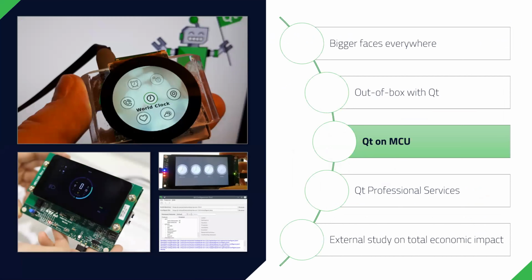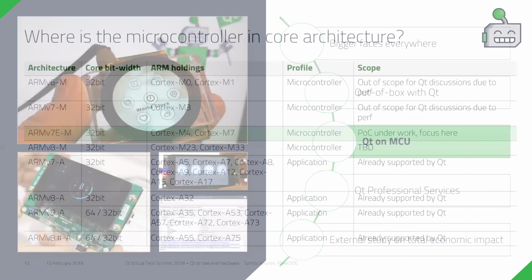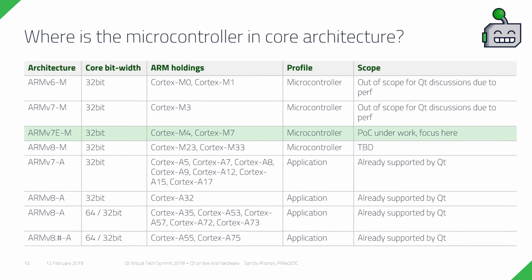So now looking into the MCUs. When I'm talking about microcontrollers, I'm talking specifically about Cortex-M4 and Cortex-M7. Those are the higher end of the MCUs. For now, we are not looking to support Cortex-M0, Cortex-M1, or Cortex-M3, but obviously we are studying those.